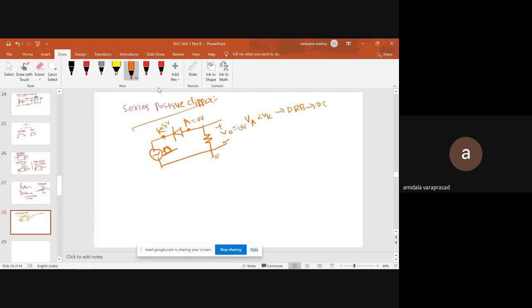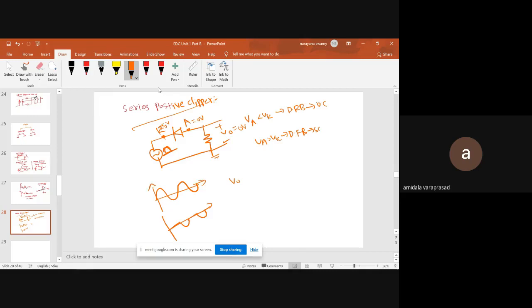Now for negative half cycle, this is minus 5 volts, this is 0 volts. Then VA is greater than VK. Diode is in forward bias, short circuit. So for positive half cycle 0, negative half cycle we'll get like this.